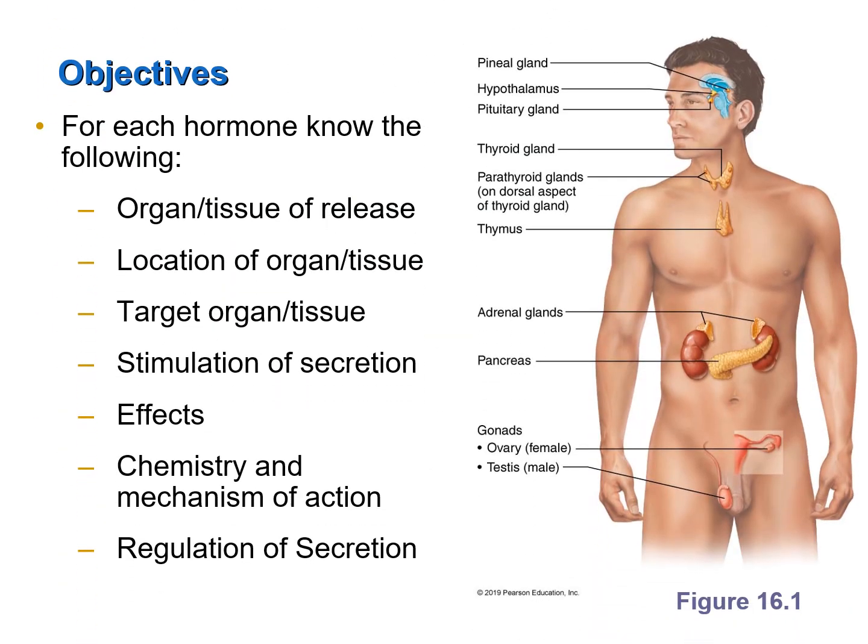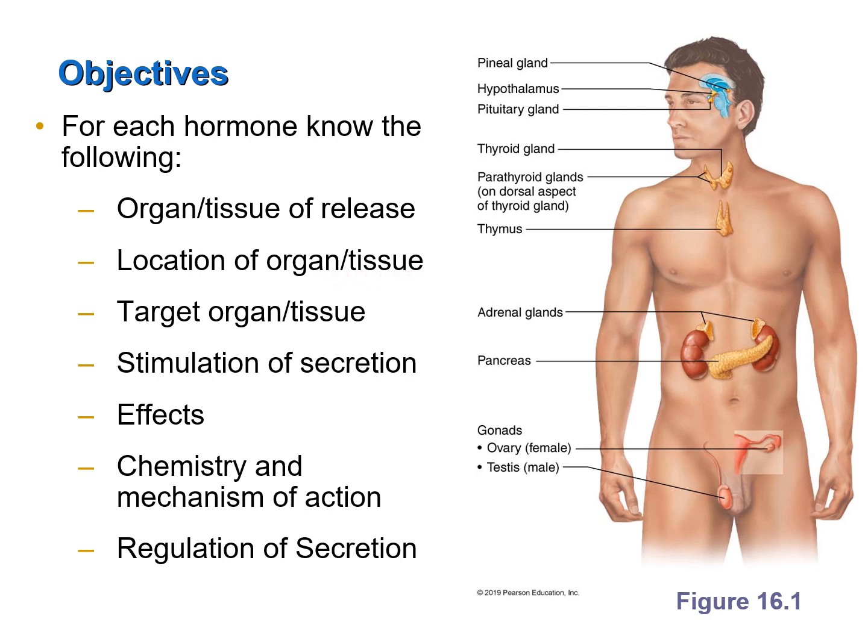Now that we have completed an introduction and overview of the endocrine system and hormones, we're going to start focusing on individual hormones. For every hormone that we cover, you're going to need to know the following things. You're going to need to know the organ or tissue that releases that hormone, and in general where that organ or tissue is found.